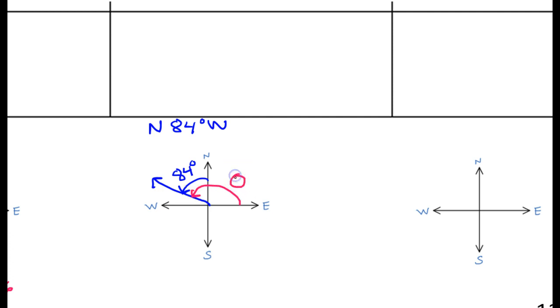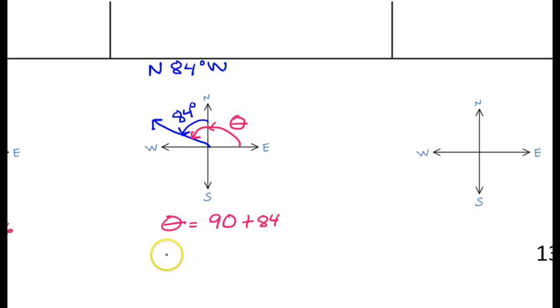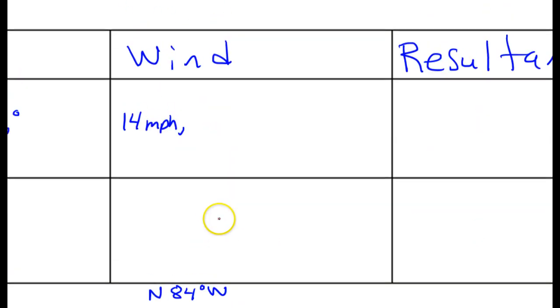This is the angle theta. And hopefully you can see that theta is going to equal 90 degrees, because right here, as I reached the positive y-axis, that's 90 degrees so far, and then plus the extra 84 degrees. So that's going to be 174 degrees. So that is the direction that we need for the chart.